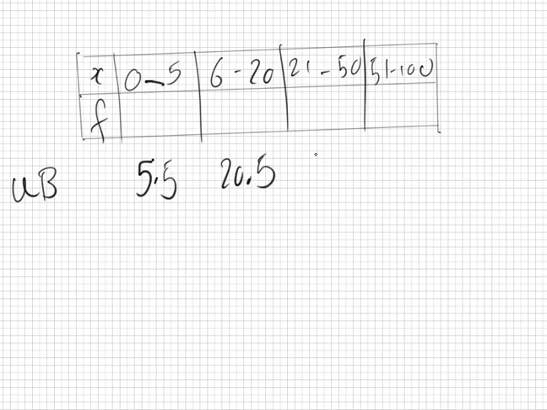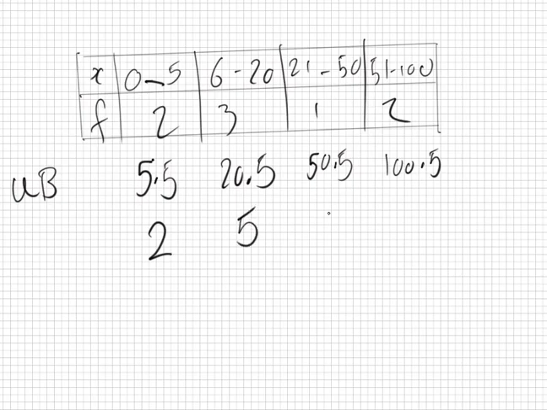This one here would be 50.5, and then 100.5. Oh, and I have to put in my frequencies here. So what would be first? 2, 5, 6, 8. I'm sorry, what's the UV? Oh, upper bounds. And then cumulative frequency.